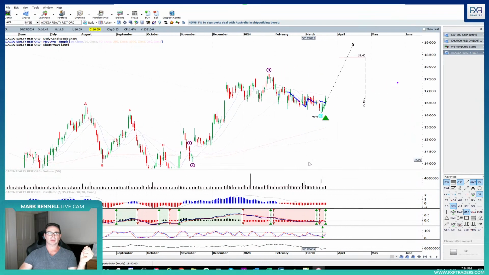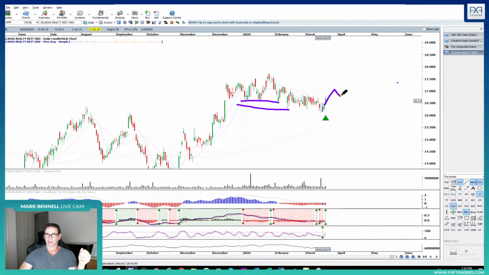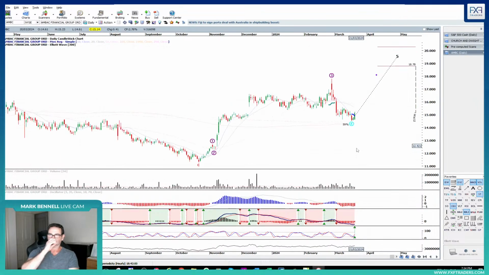There we go. AKR, nice base through here. So beautiful base down through here. Look for a swing in there. AKR, that one is... No, that one's no good. This is just a basic scan. Wave 4 scan.